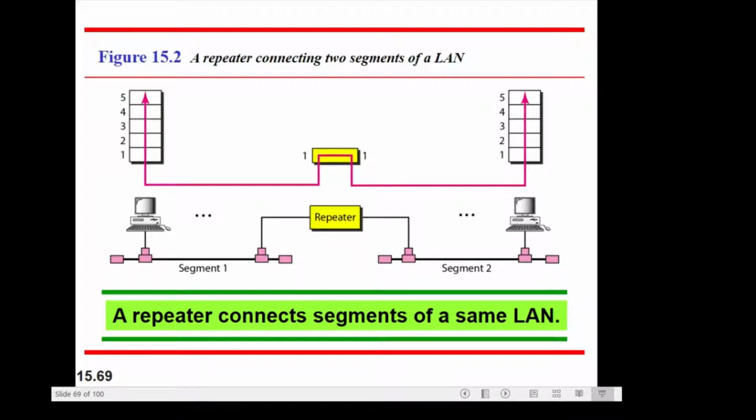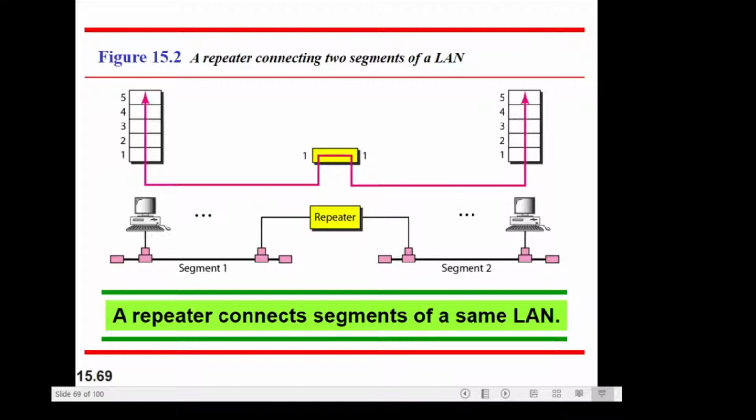So the repeater receives that signal, and before it becomes too weak or corrupted, it will regenerate the original bit pattern and forward it to the next part. Then it sends the refreshed signal.